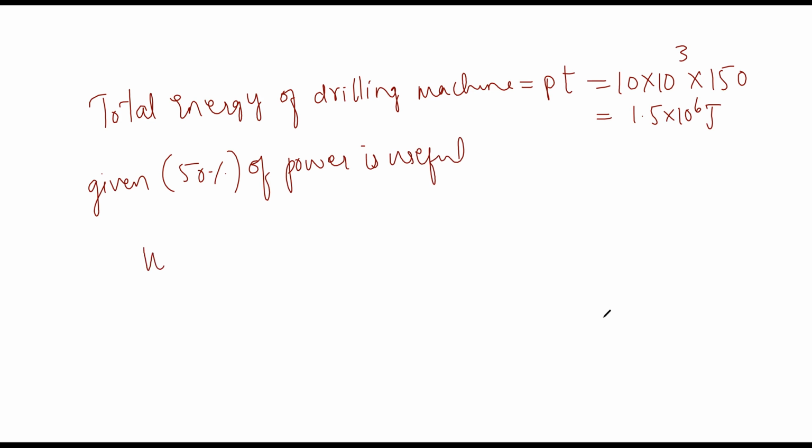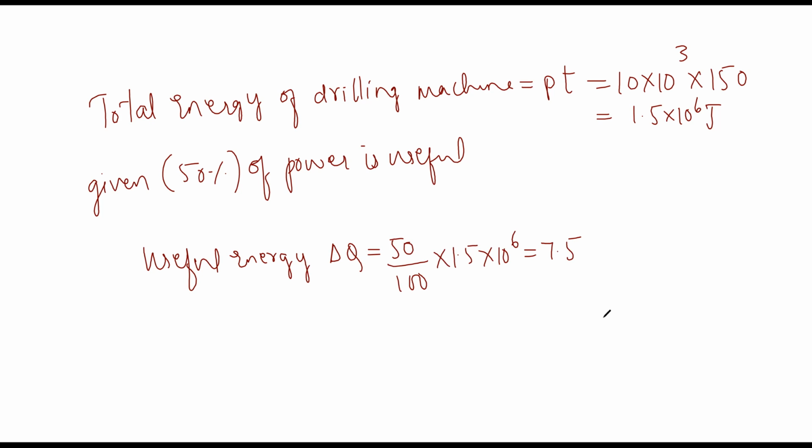Using this, useful energy is calculated by the formula 50 divided by 100 into 1.5 into 10⁻6. After simplification we got 7.5 into 10⁻5 joules. So we know delta Q is given by mc into delta T. Substitute all the known values.